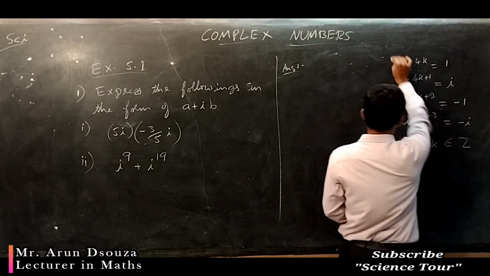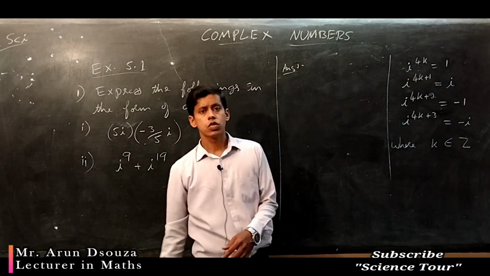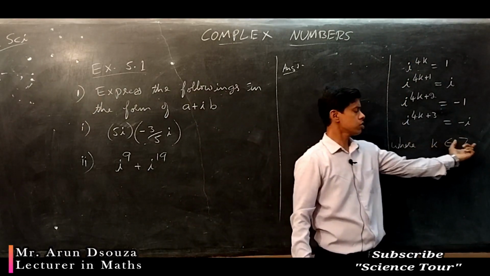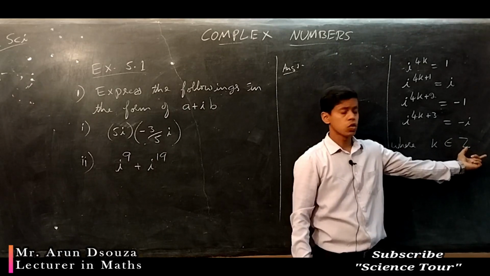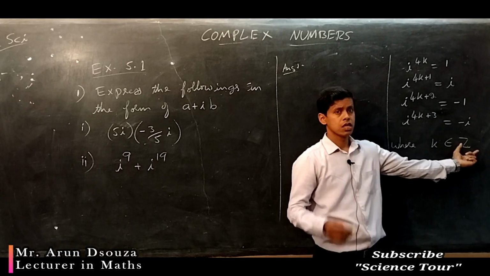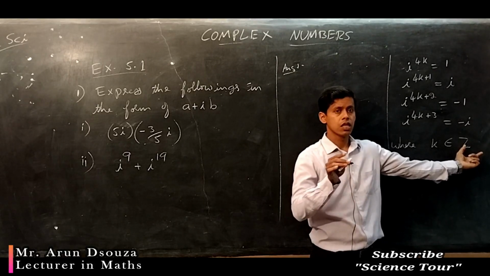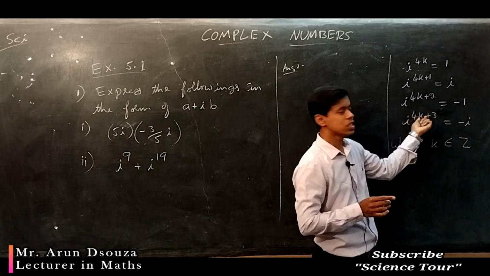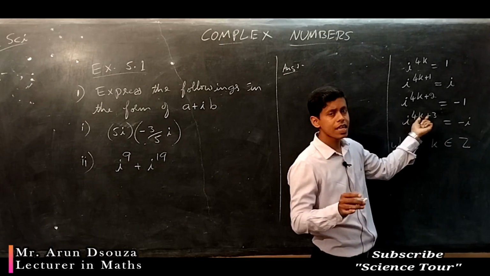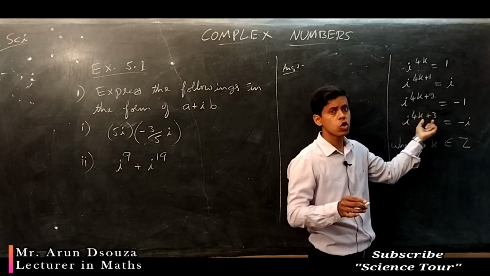where k belongs to Z. What do you mean by k belongs to Z? Z is the set of all integers. The integer set has positive, negative also. So you can put positive numbers in the place of k, or you can put negative integers also.